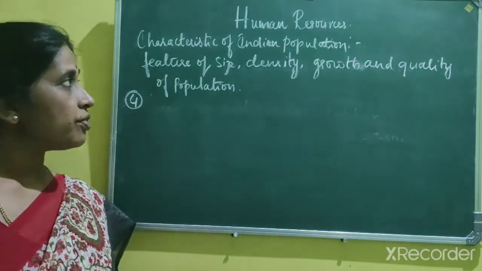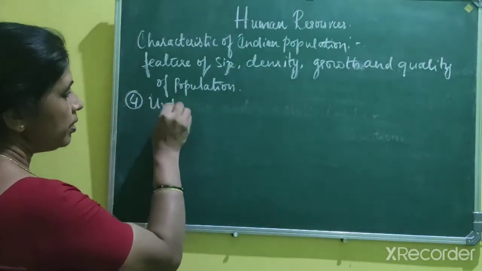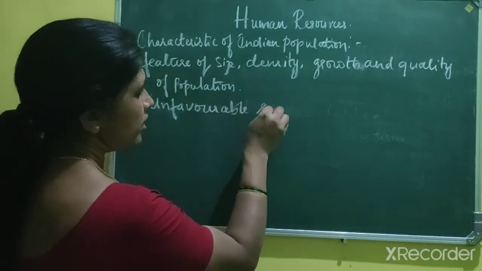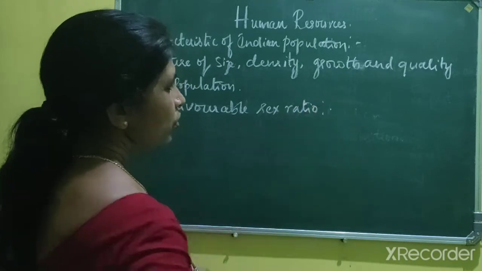The fourth characteristic feature of the Indian population is an unfavorable sex ratio. So what is sex ratio?